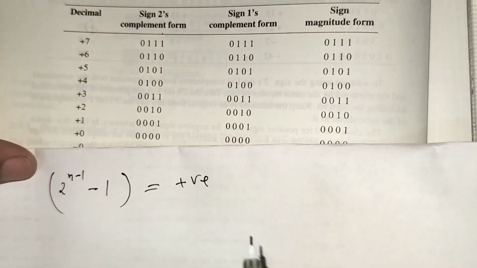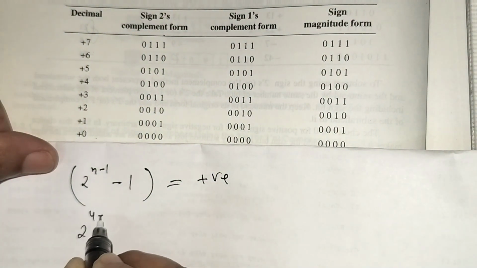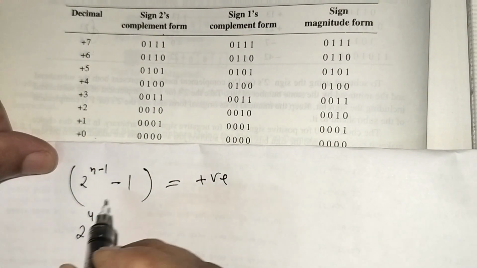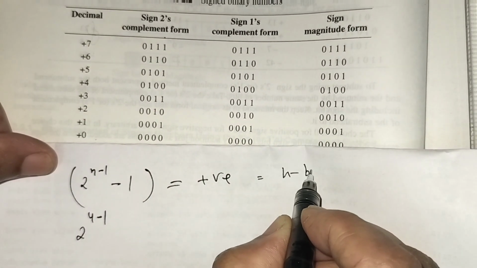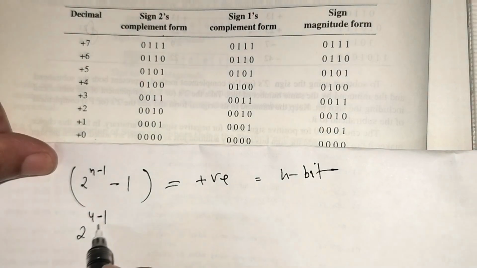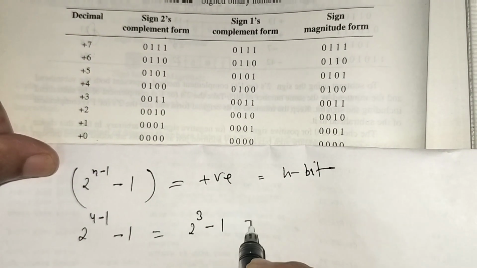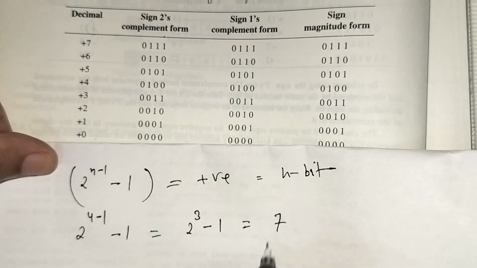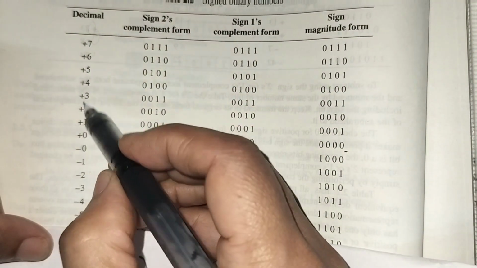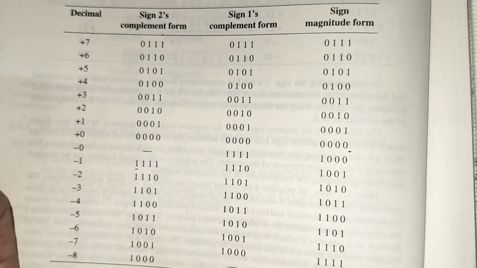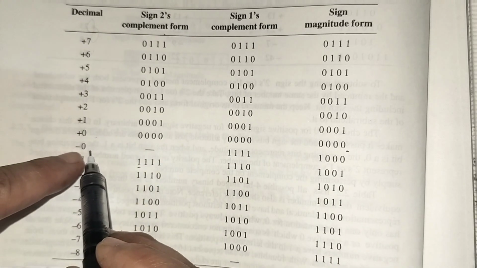So according to 4-bit numbers, it is 2 raised to power 4 minus 1, where n is the number of bits. Here we have 4 bits, so it will be 2 raised to power 4 minus 1. We can see it is 7. So there are positive numbers 1 to 7, and one is 0 here.